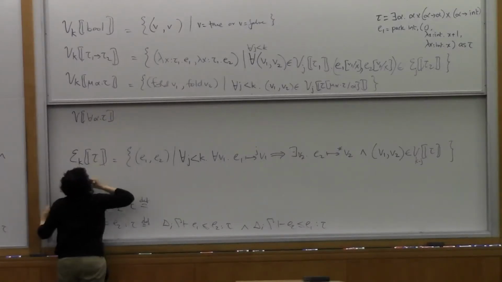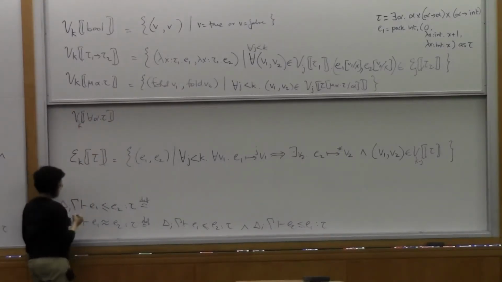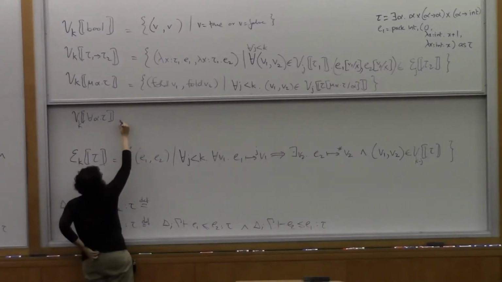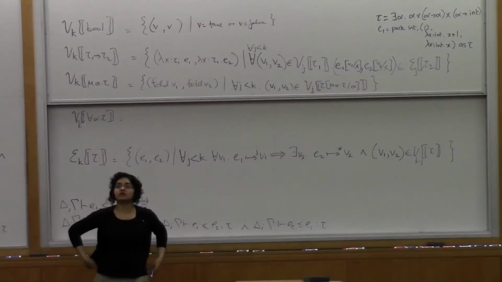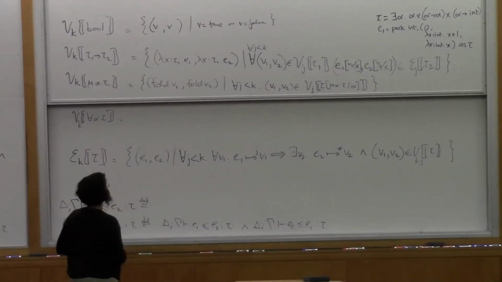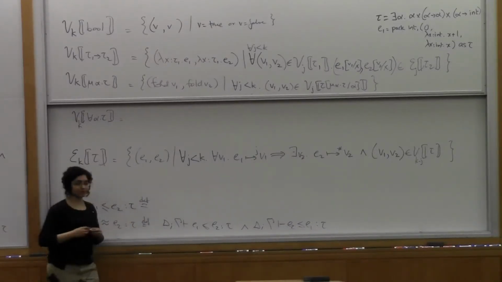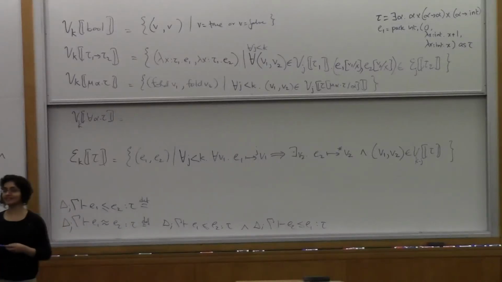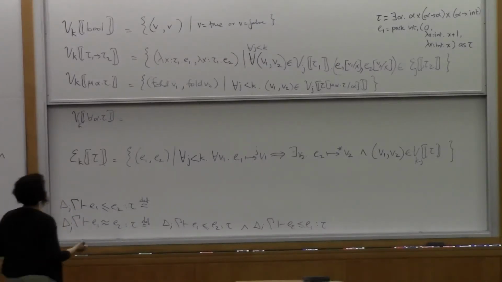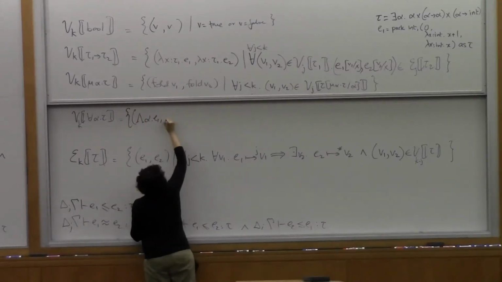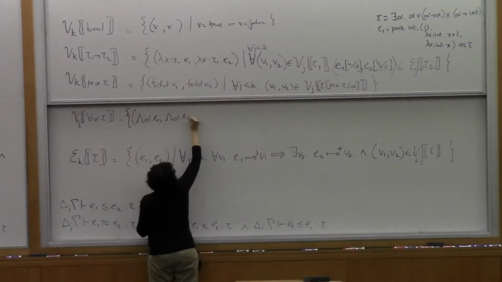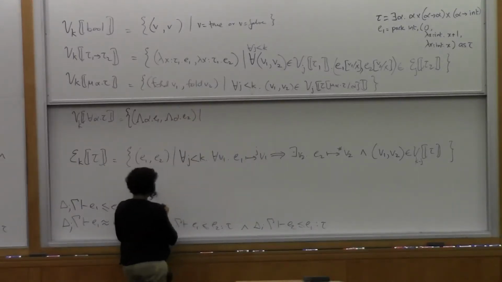Let's handle polymorphism. So for k steps, we want to say, when do two values of type for all alpha tau look related? What are the values of type for all alpha tau? Big lambda alpha, right? So lambda alpha E1 is related to lambda alpha E2 if what?